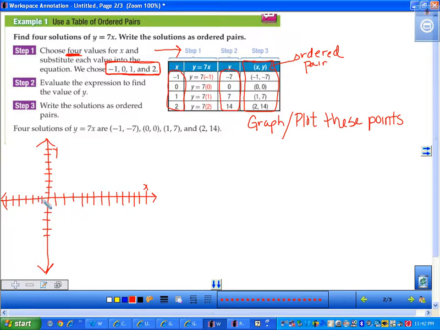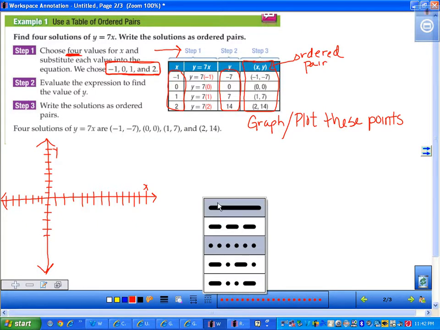We're going to go -1, negatives are to the left, and then we're going to go down -7. 1, 2, 3, 4, 5. Oh, I need to add more. We add more lines.